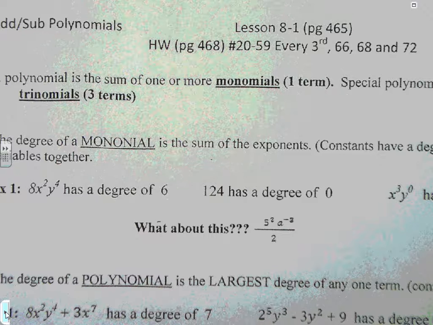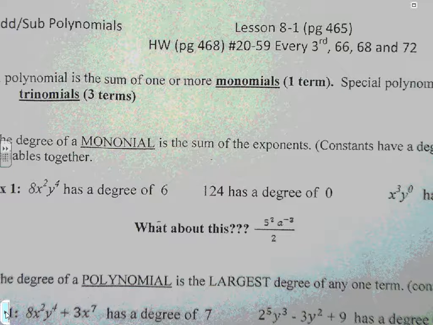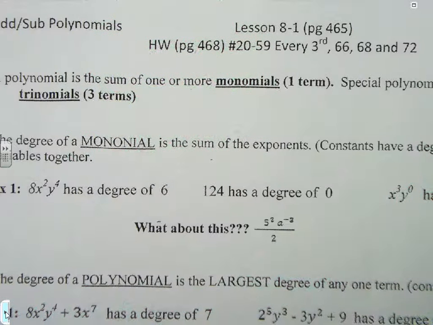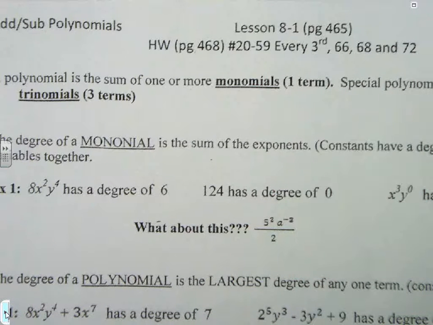Don't make it difficult. Just add the exponents on the variables and only the variables. The constants, which are your plain numbers, counting numbers, integers, and your coefficients, the number out in front of everything, all have a degree of 0, so we don't even bother with them. That's why we only have to worry about the variables themselves.